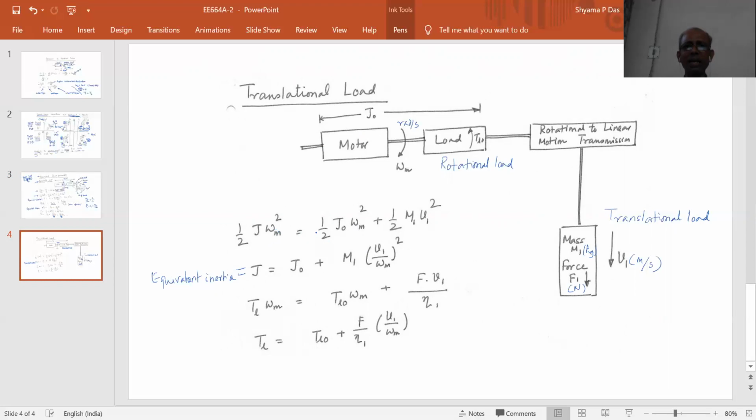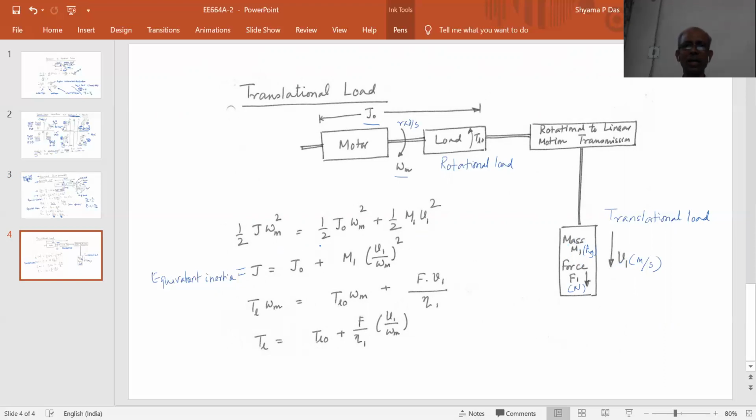That equals the kinetic energy of the 0th load, half J naught omega m square, because the moment of inertia is J naught and the speed is omega m. And the kinetic energy of the translational load is half m1 v1 square, where m1 is the mass of the translational load and v1 is its velocity.